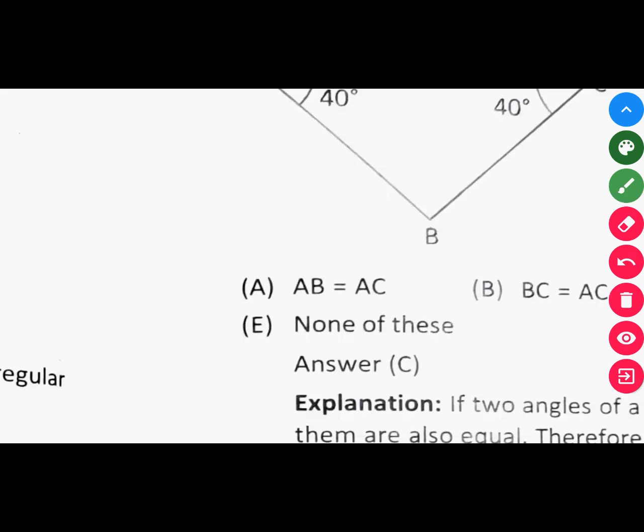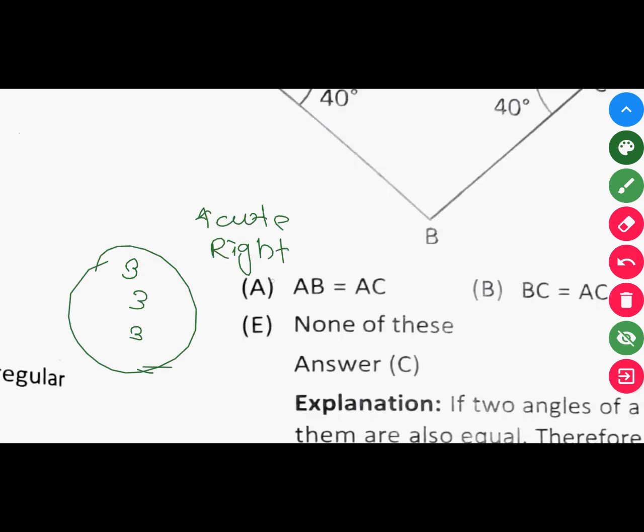A triangle has 3 sides, 3 vertices and 3 angles. And we know the types of angle, that is acute angle, right angle, then obtuse angle, straight angle and reflex angle we have seen.